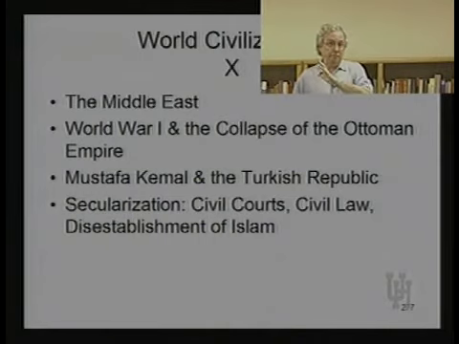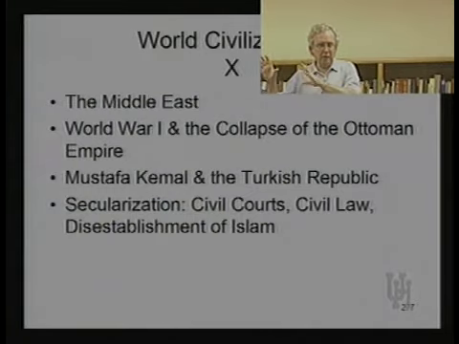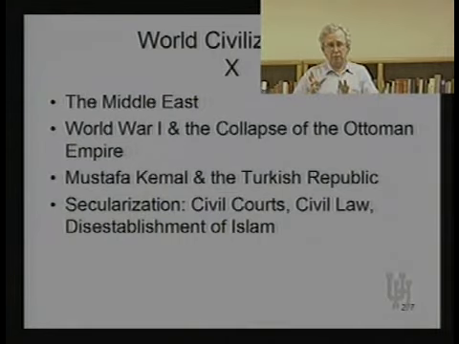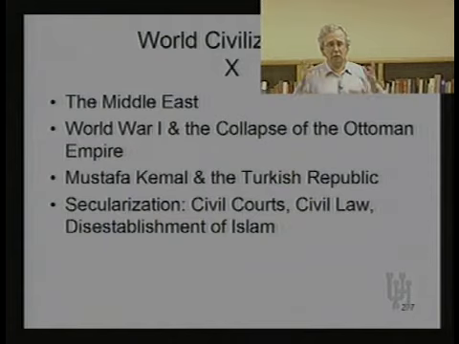But here, with Mustafa Kemal, we have a particularly extreme example of someone who was a nationalist and who wanted to modernize and who wanted to minimize the role of Islam in the larger society. Not that Islam was not still going to be the religion of Turkey, it was.